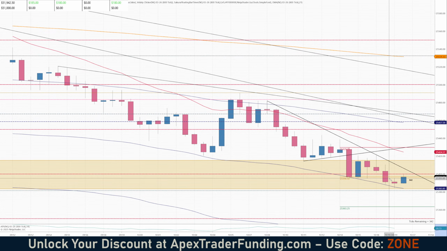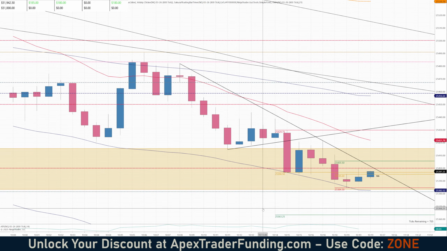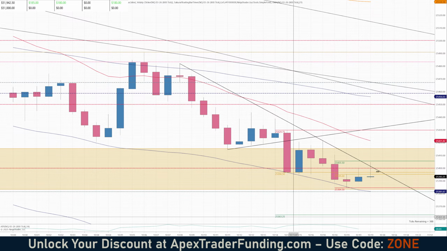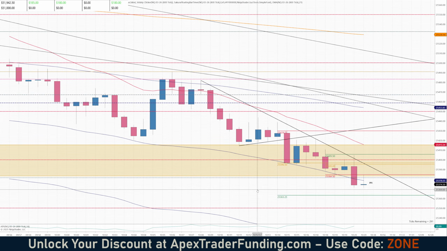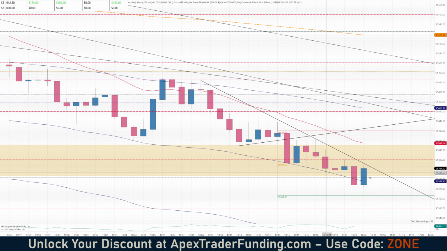This is a bullish signal, believe it or not, down here, but lots of resistance overhead. Yeah, bulls can't get a break today.